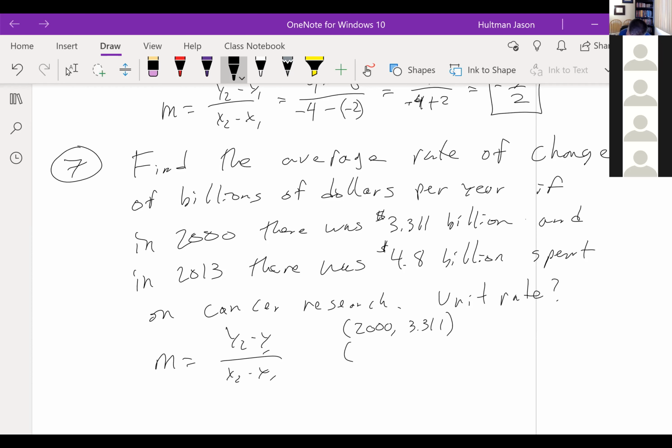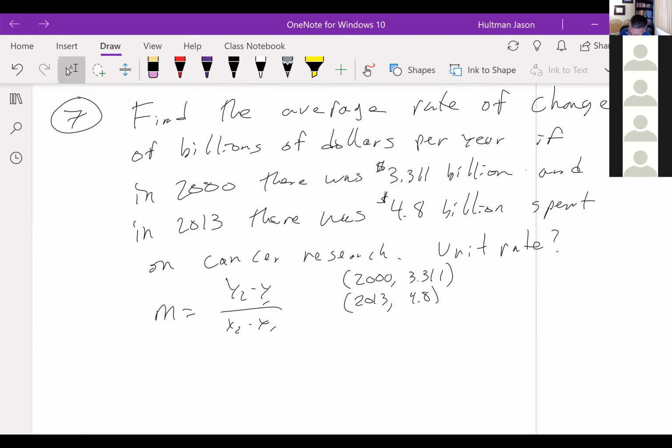So we have to find the average rate of change, which is just the difference between the monies and the difference between the years. So m is equal to the difference in the monies, 4.8 minus 3.311, all over the difference in the years, which is 2013 minus 2000.